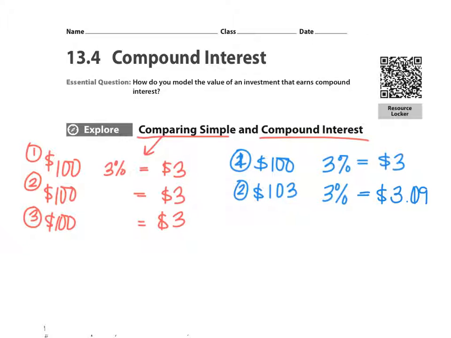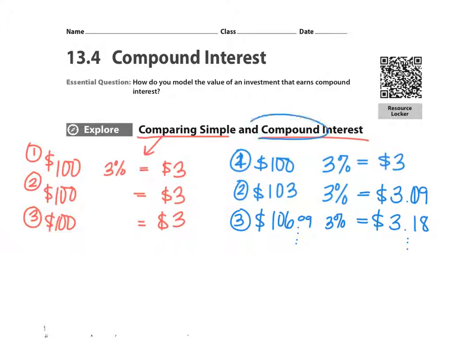All right, so then the next year when you go to invest, now you have $106.09. And when we invest that at 3%, now we're going to get $3.18 back, and so on and so forth. So you can see compounding interest works in your favor, at least if you're investing, because you're going to be getting more back each time, because they're going to be putting it back into your account for you.